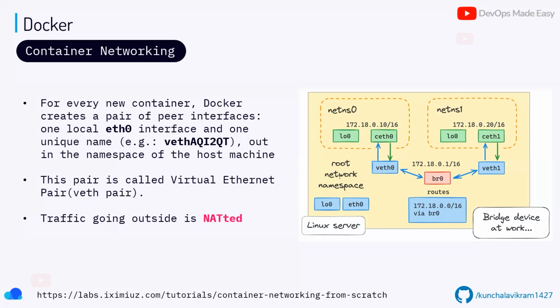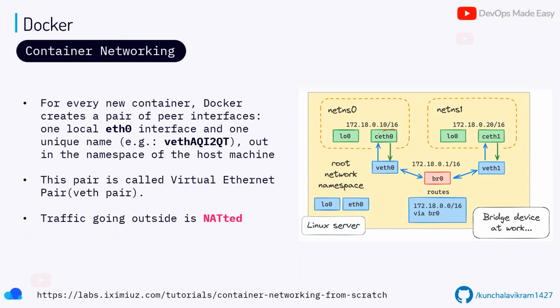So the same image. If you take this as your Linux server, that Linux server will have its own physical ETH0 and local loopback address. This is the root network namespace. Every container that is created will have its own network namespace, which we are calling network namespace 0, network namespace 1. Every container will have its local loopback, and loopback addresses are common.